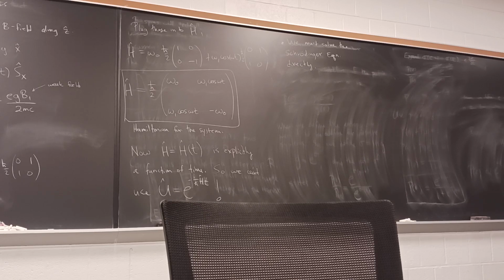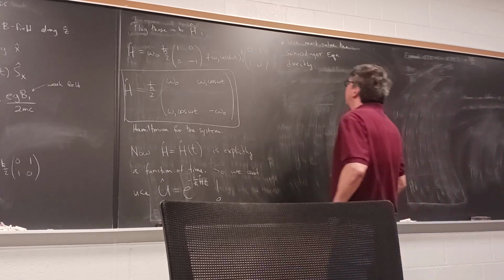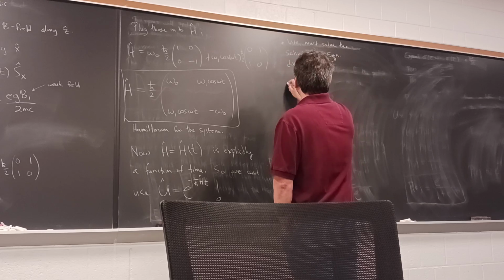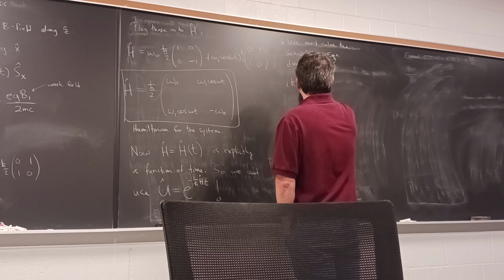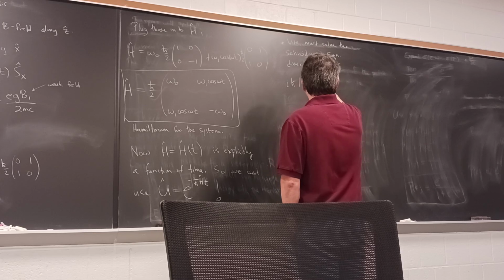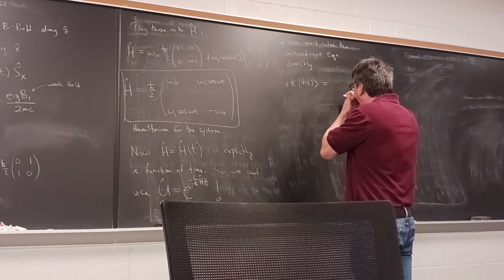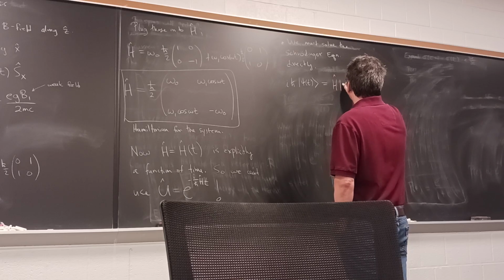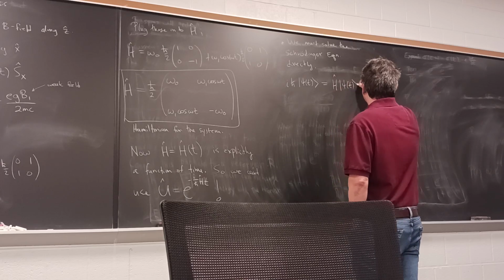So let's just write it down first before we do anything. So if we're going to solve the Schrödinger equation, this is i h bar psi dot of t is equal to H acting on psi of t.